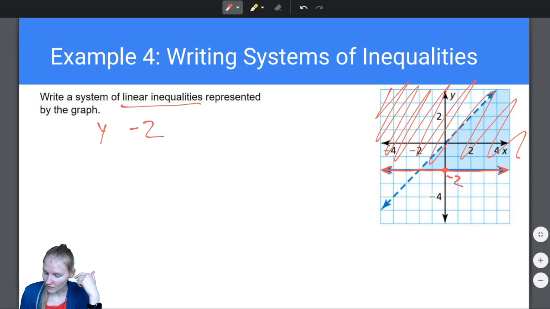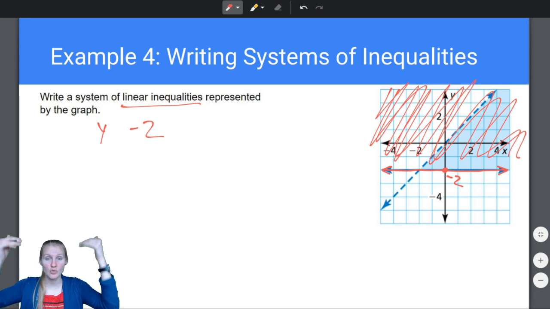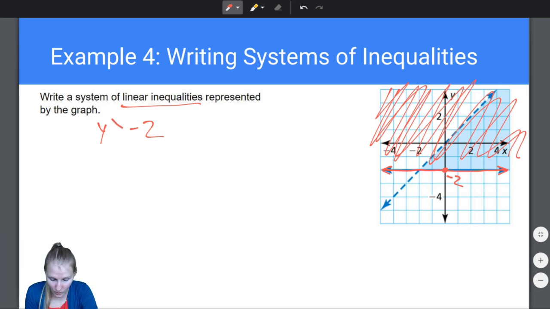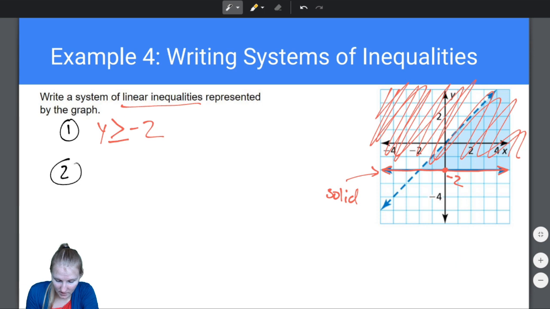Well, if I'm shading above the line -2, I'm shading everything that is greater. So I have y is greater than. Now, notice that the line is solid. So that means that I am greater than or equal to. And there you go. That is inequality number 1 of our system. Now, all we need is inequality number 2.